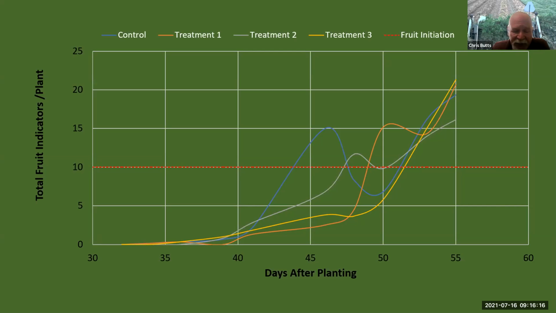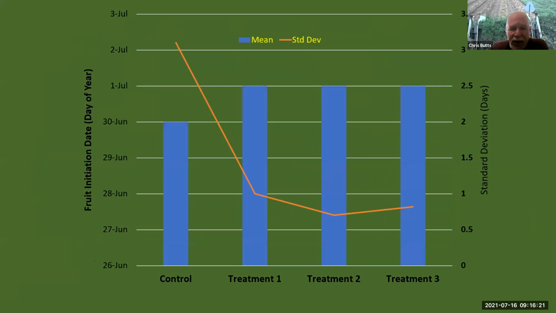So what we did is we averaged the fruit initiation date for all sample dates, and basically we saw that there was no difference between the fruit initiation dates that we calculated in the mean. And it was either June 30th or July 1st for this 1 year. However, the interesting thing to me was that the standard deviation decreased as we induced some water stress.